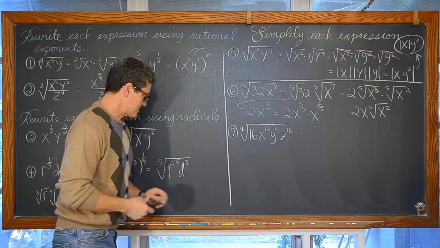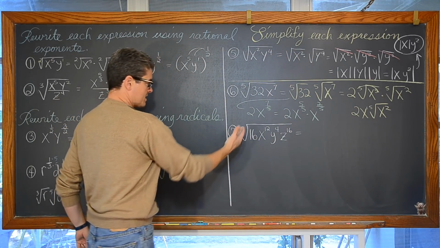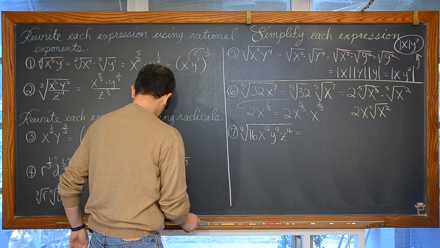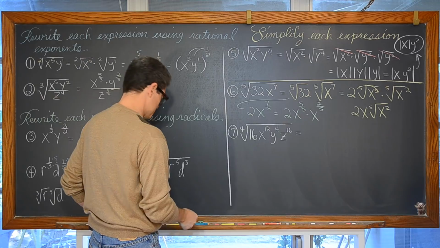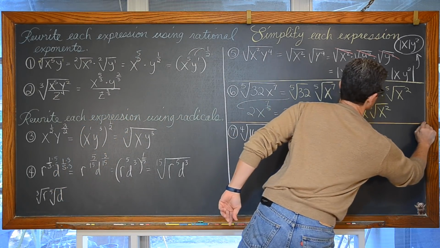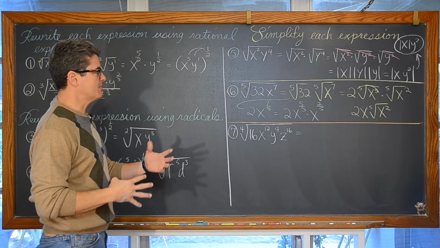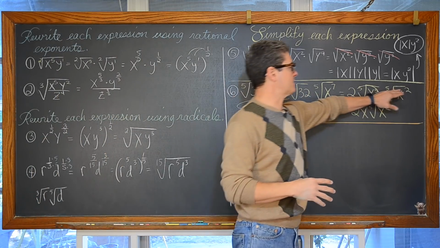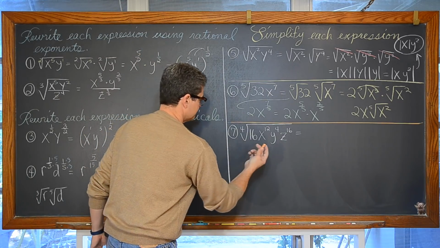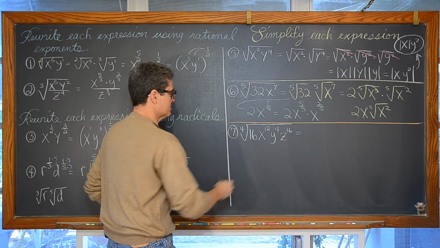Okay? So then finally down here with our last example, we're taking the fourth root of this big old expression. So let's pick a different color just so it all stands out separately. And instead of keeping it in radical notation, I'm going to go into fractional exponent form, just to give you a different look to these solutions.